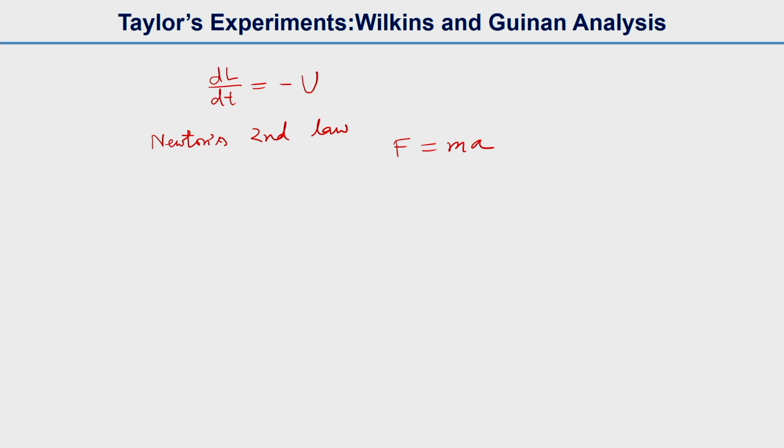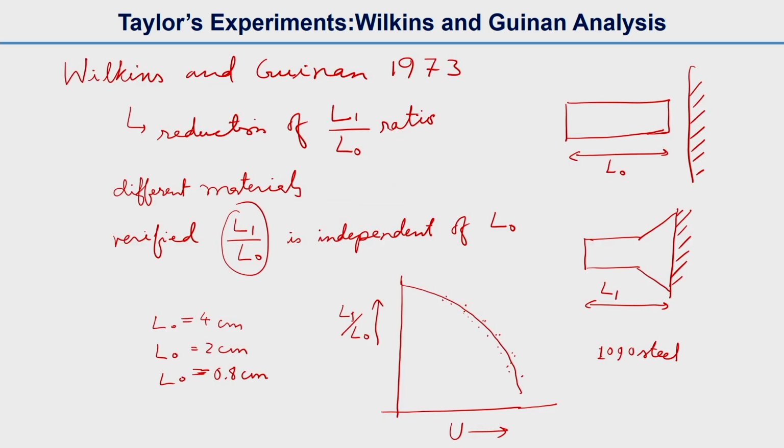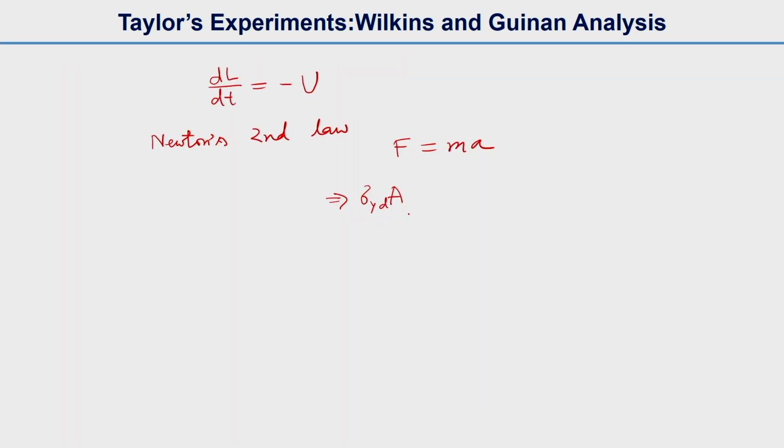The force on the impacted bar is the stress sigma yd multiplied by the area. The area is the cross sectional area of the bar, and sigma yd is the dynamic yield stress.